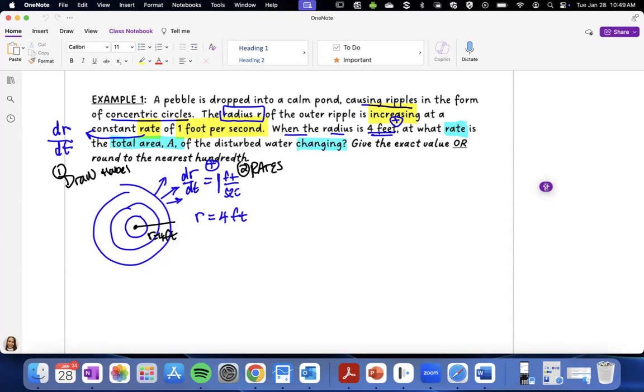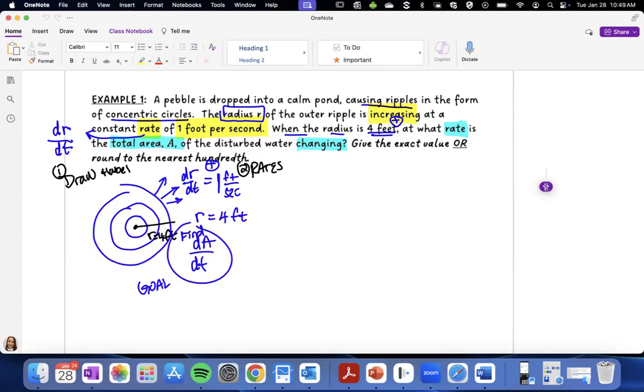Rate, area changing. dA over dt. Yeah. Rate of change of area means derivative of area with respect to time. Because all of this, if you give it more time, is going to change. So the area, dA over dt. So I always write find dA over dt. This is my goal.